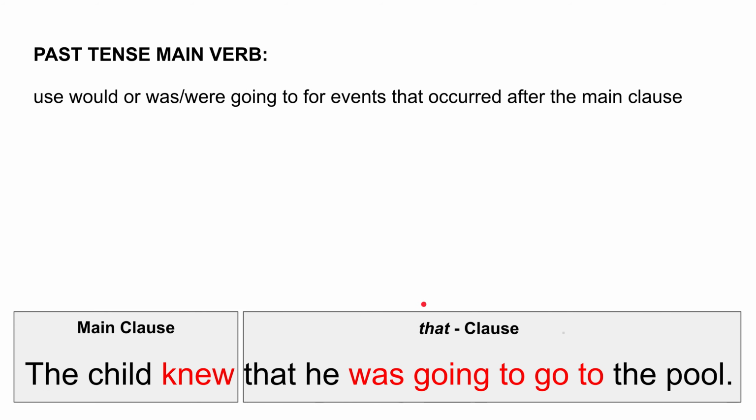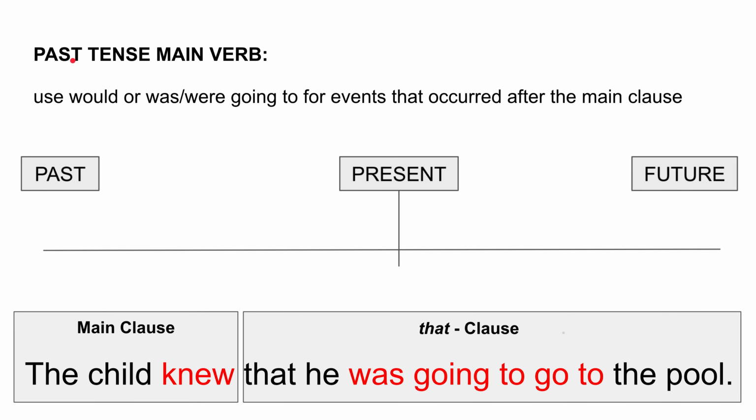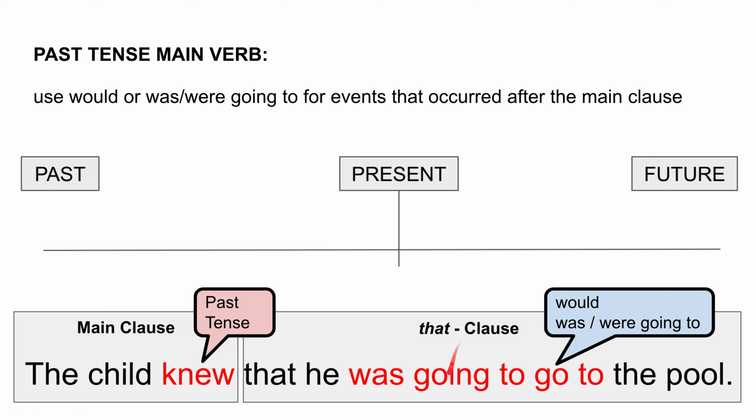Moving forward. Then use the past tense main verb. Use would or was, were going to for events that occurred after the main clause. So, for example, the child knew that sometime in the future he was going to go to the pool. So what does this mean? We have a past tense verb and we have was going to, would, was, were going to.